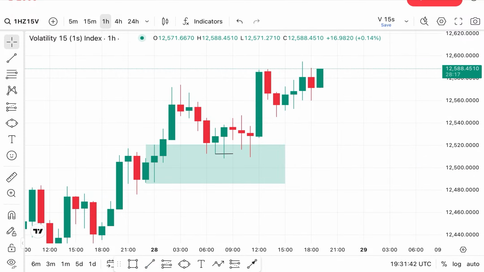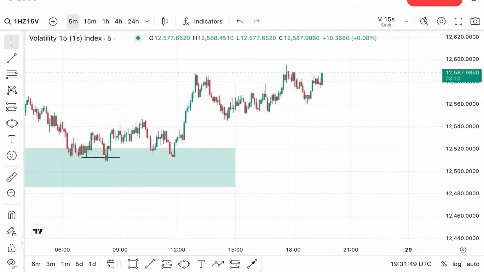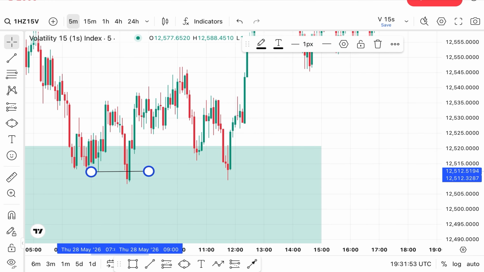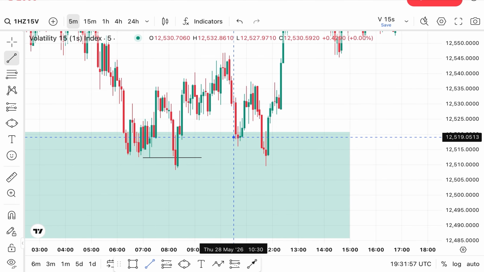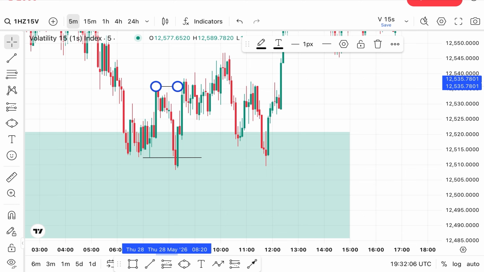on the 1 hour time frame, and straight to my entry time frame, which is the 5 minute. On the 5 minute, a market structure shift had already formed right over here. A beautiful market structure shift right over here.